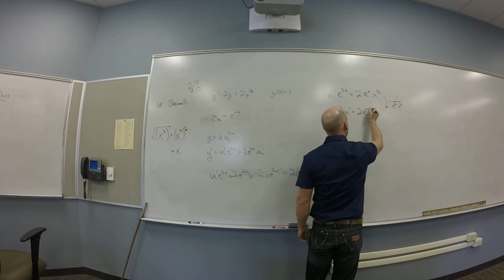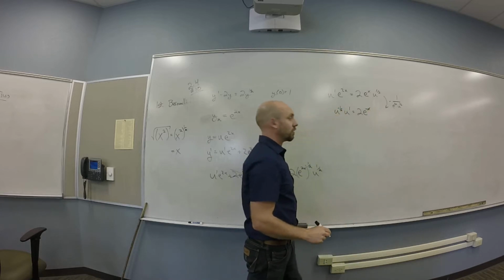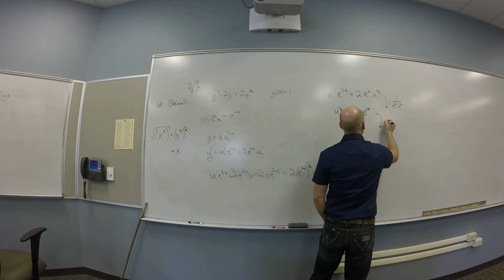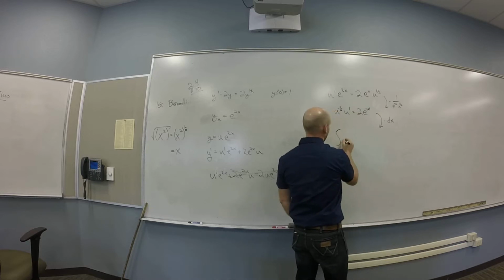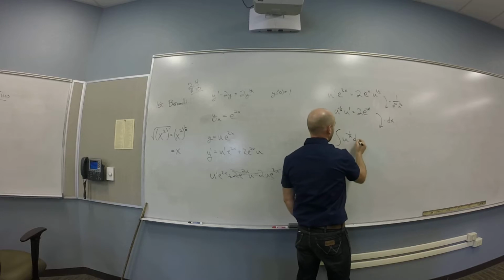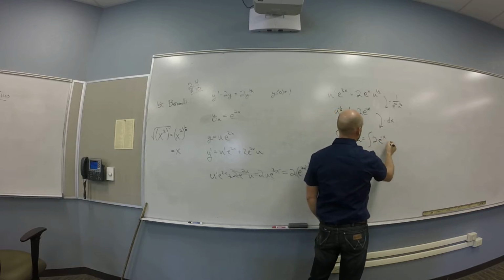Negative x, I think. Okay, cool. Multiply everything through by a dx and slap a squiggle. So you got squiggle of u to the minus 1/2 du is squiggle 2e to the minus x dx.